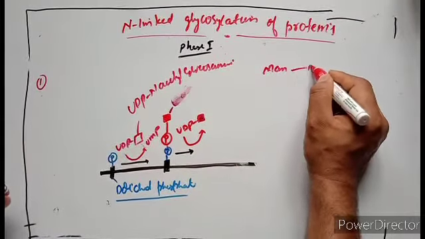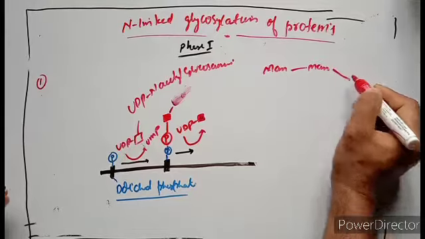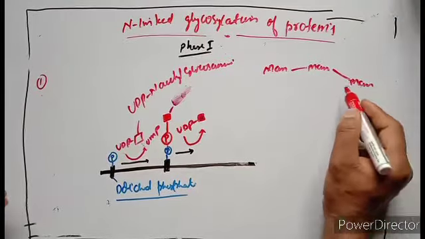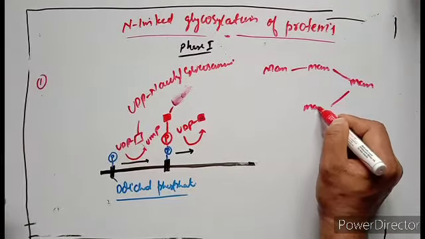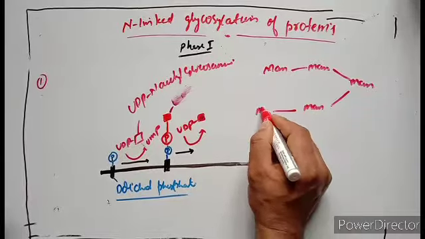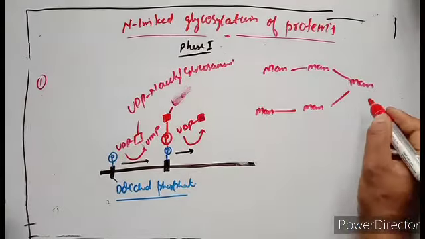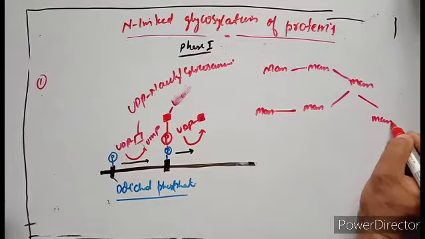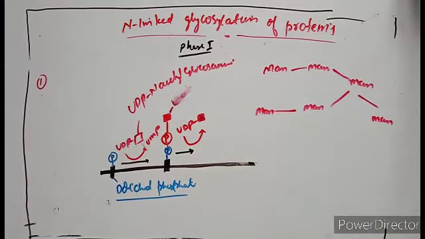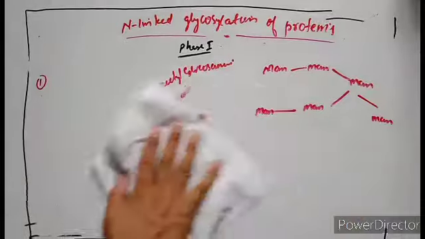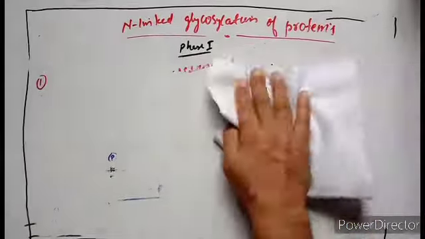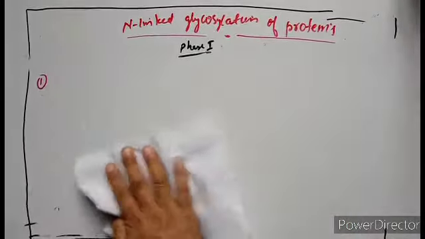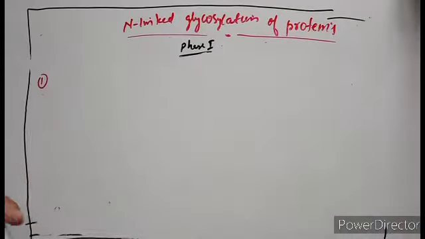Mannose, mannose, mannose, mannose. So totally there are 9 mannose. Okay, I will draw this diagram. You cannot draw it in this small space.